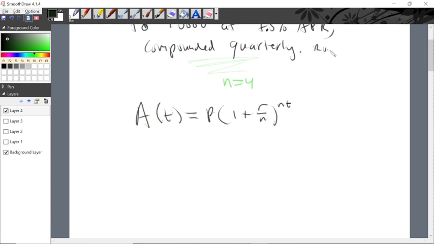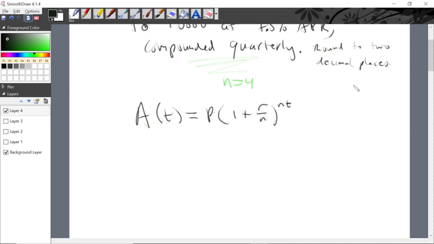Let's see, so we might get a weird answer here. So let's round to 2 decimal places. We could say that, or because we're doing this in years, we could round to the nearest quarter of a year, or the nearest number of months, and give the answer in years and months.